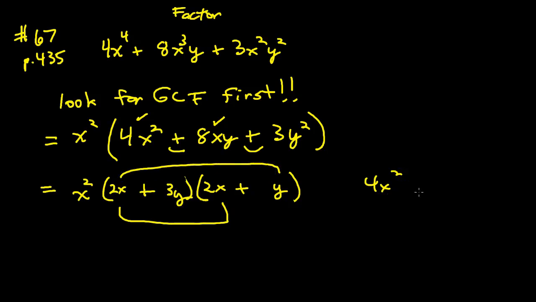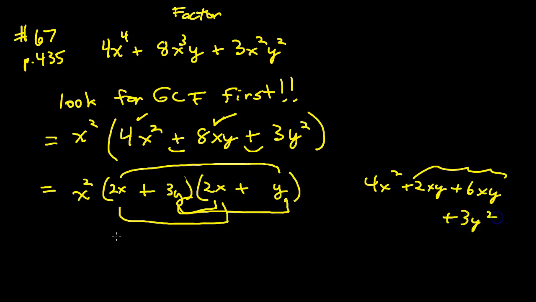And outer product, 2xy. 2x times y is plus 2xy. Plus the inner product is going to be 6xy. And those two indeed add up to 8xy, and of course the last product here is plus 3y squared, but we knew that.